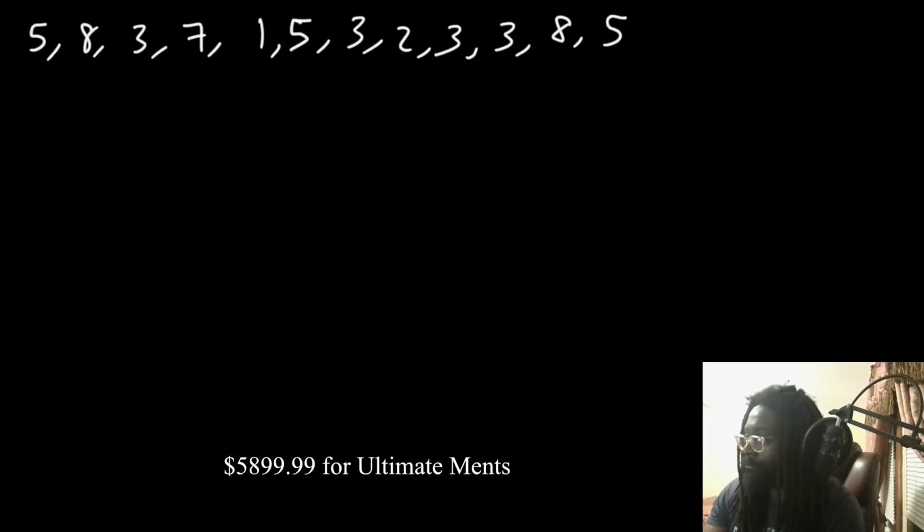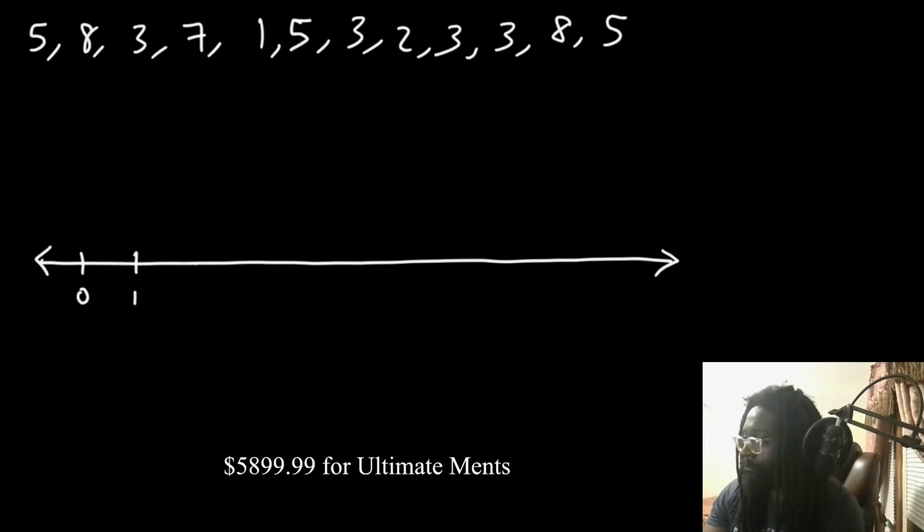With this information, how can we construct a dot plot? Well, we could begin by drawing a number line. So let's say this is 0, 1, 2, 3, 4, and so forth. We could stop at 8 since 8 is the highest number.